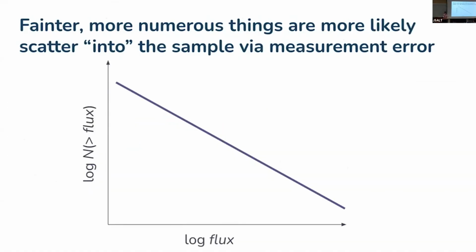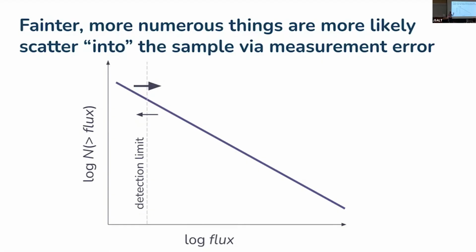Another thing that often happens is that when you have a number distribution, basically a PDF of objects, this N here, the number of objects, say stars, greater than some detected flux as a function of flux. This is a common distribution in astronomy. If you have a negative power law distribution and a detection limit, you have many more objects on the left side than on the right side.